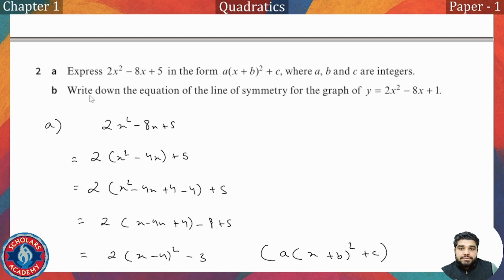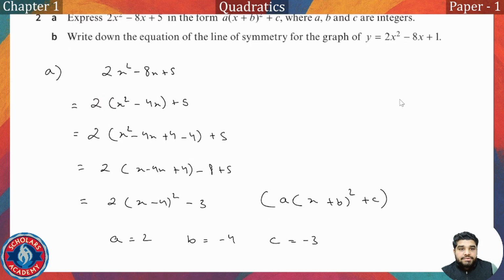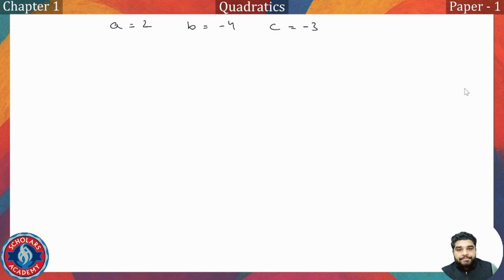Alright, what they want us to do is write down the equation of the line of symmetry of the graph. So line of symmetry is actually, if I have a curve of a quadratic equation, this is my point of vertex, right? The line passing through the point of vertex is the line of symmetry.